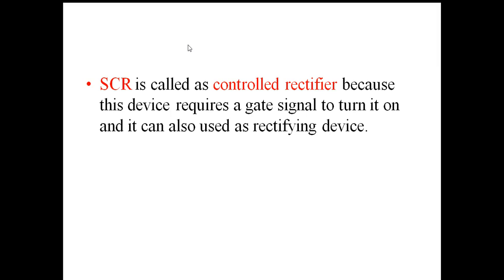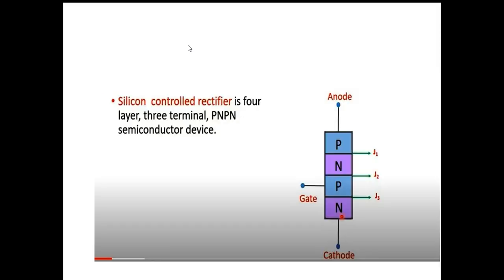When we give a gate signal, the device goes into conduction. We give the gate signal according to our requirement, that is, we design the firing angle. At that firing angle, we activate the firing circuit, and at that time the device will be in conduction. So we have control over the conduction of the device. That's why it is called a controlled rectifier.